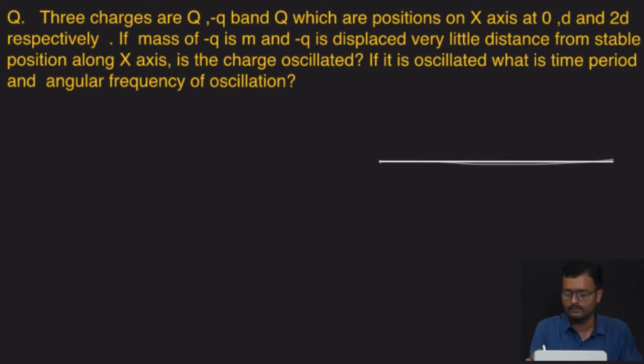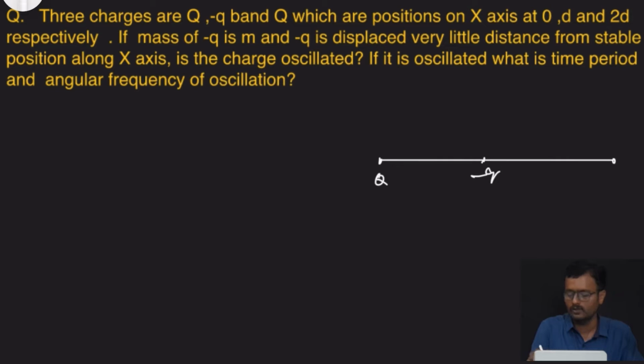From the data, q, minus q, plus q are at positions 0, d, 2d. The left charge q attracts minus q towards its side, and the right side q attracts minus q towards its side. Here the distances are equal, so the total force is 0. So minus q is in equilibrium.